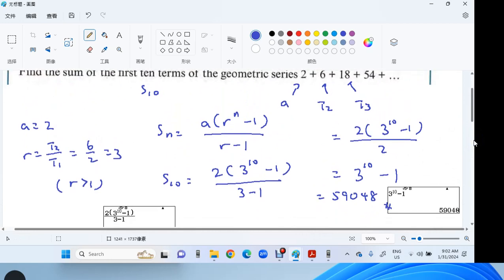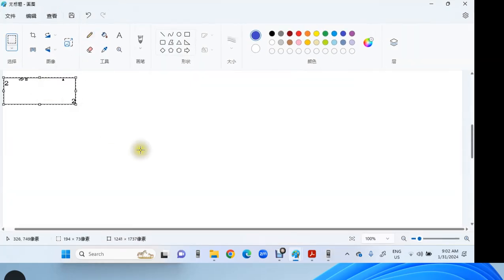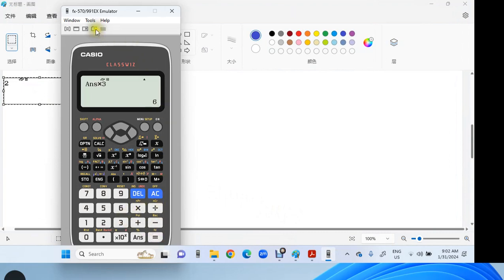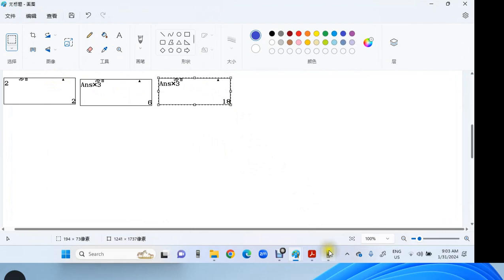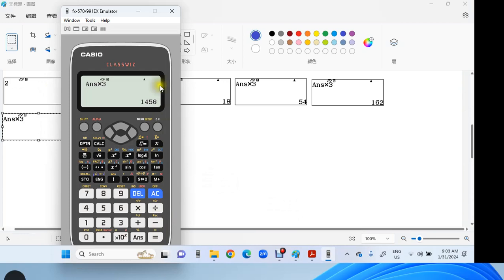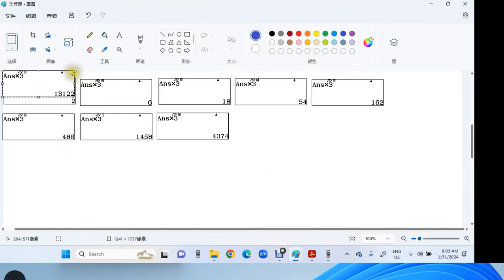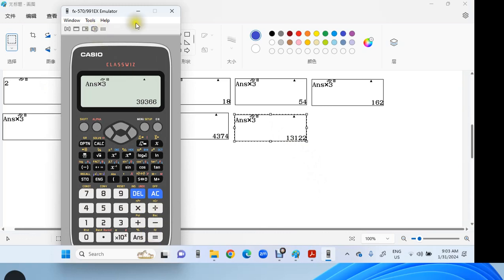Because the first term is 2, and then we multiply by 3, so times 3, then we have 6, and then the next will be 18, then 54, then 162, then 486, then 1458, then 4374, then 13122, and the next term is this.